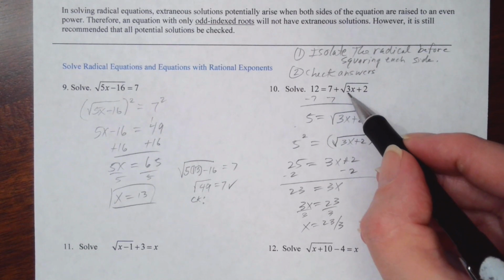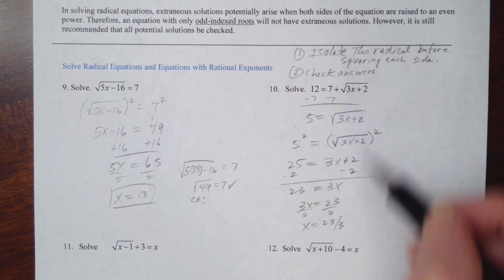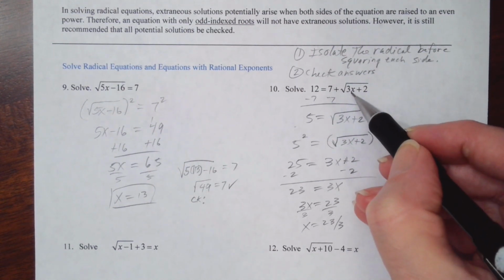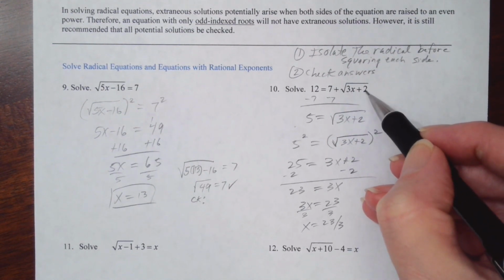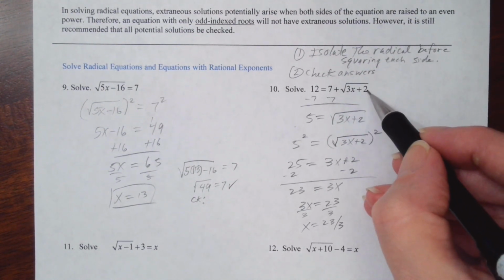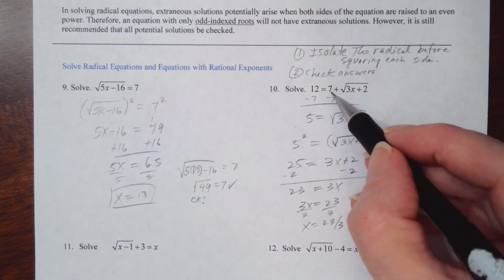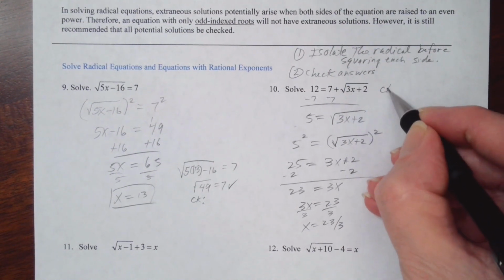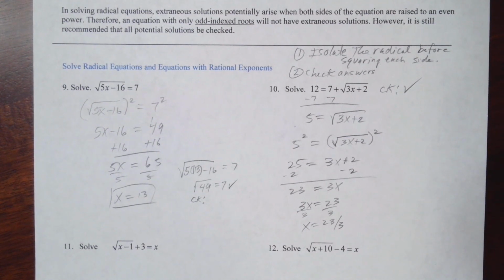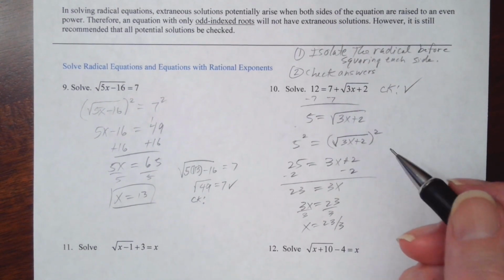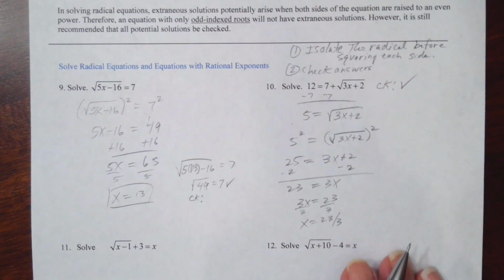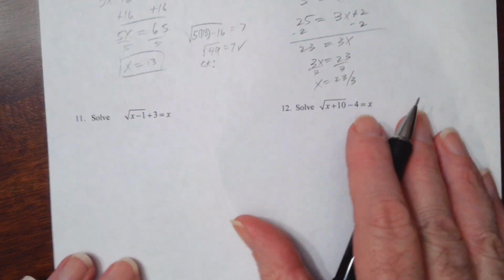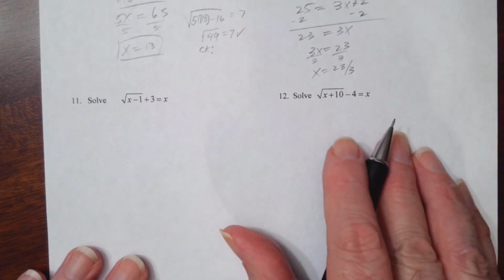Basically, if you multiply 3 times 23 thirds, you'll end up with 23 plus 2 is 25. The square root of 25, which is 5, plus 7 is 12. The check does work. You can do it in your head, or you can do like I did over here, just to make sure that it's right, either way.